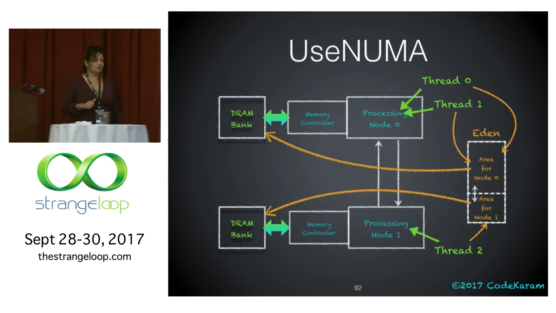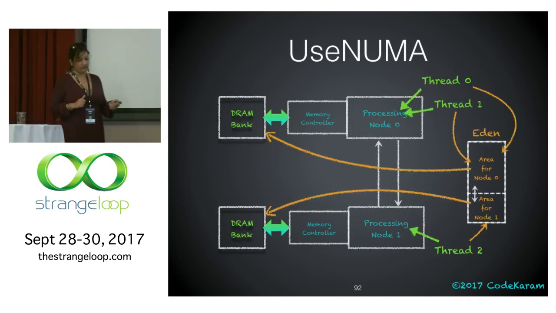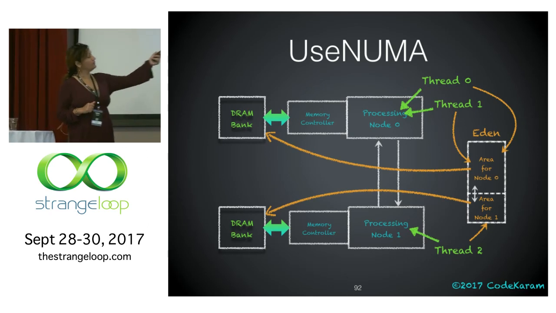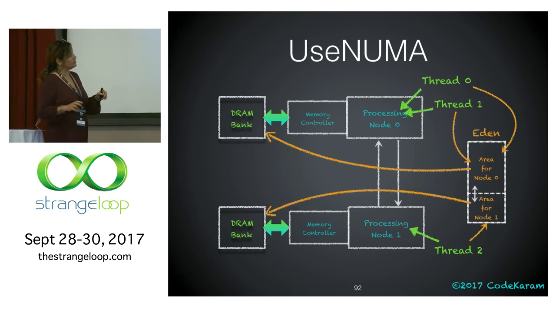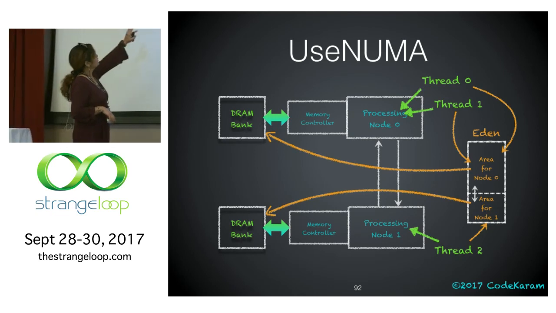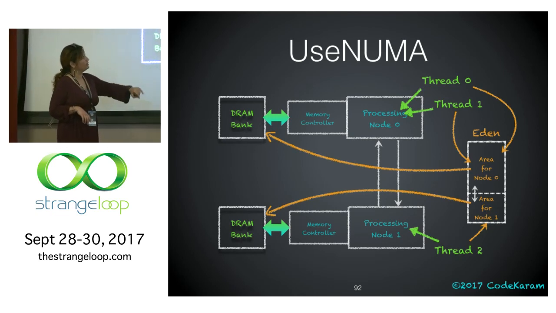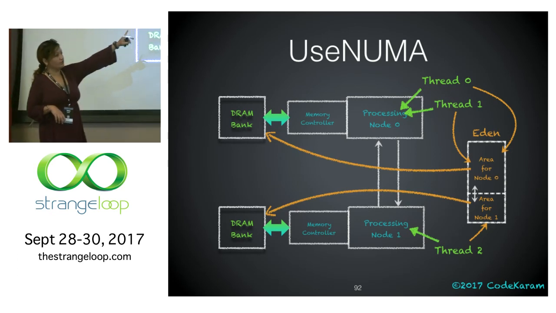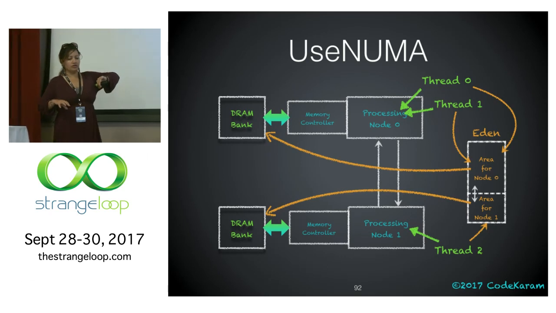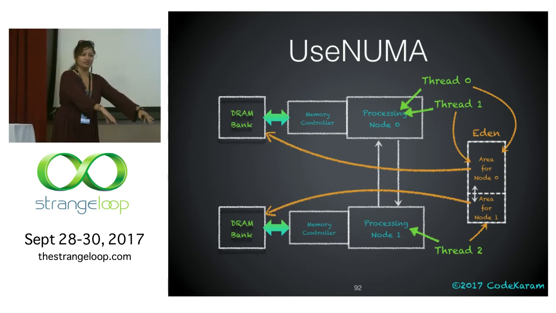So with the NUMA allocator, the JVM can have Eden space in regions such that you have an area for node 0, an area for node 1. If a thread was running on node 0, it'll do most of its allocations locally.